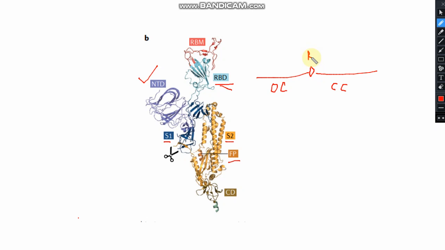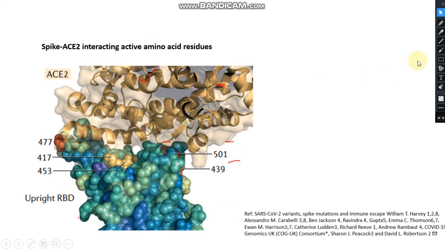Here is the RBD, and later on the RBD is the main part of this protein. Here is the main part of how this spike protein interacts with the S2.